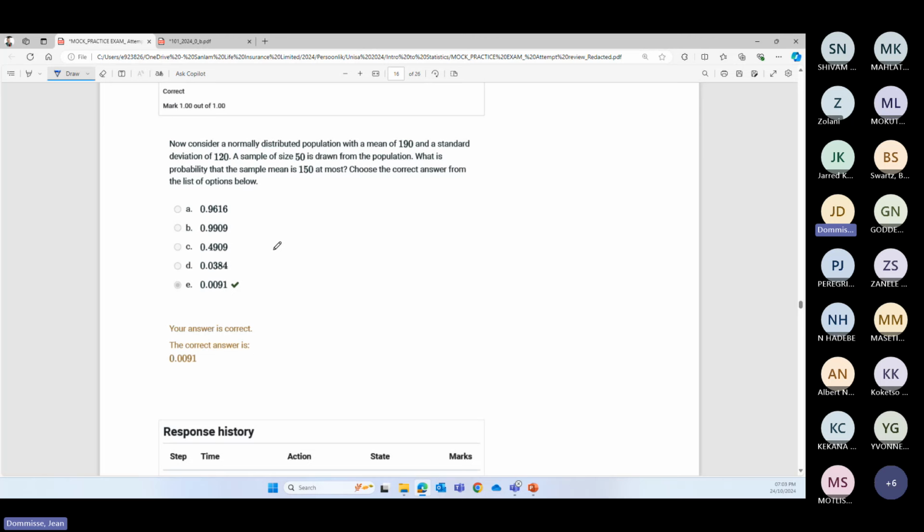So let's go into a normally distributed population with a mean of that and standard deviation.